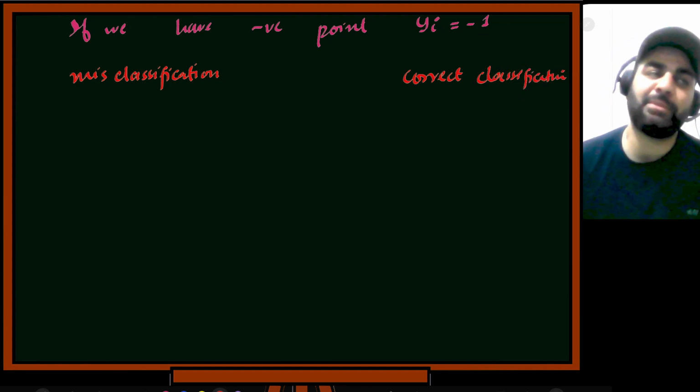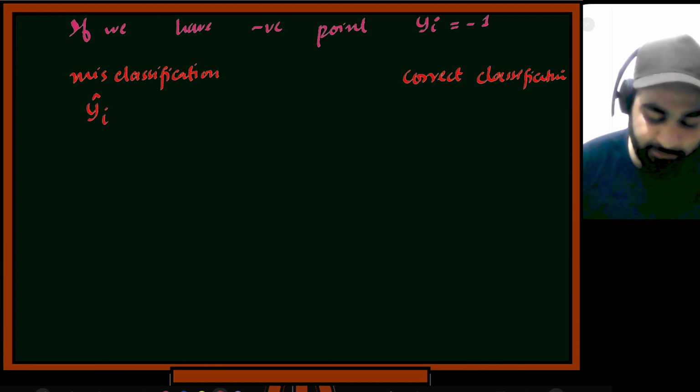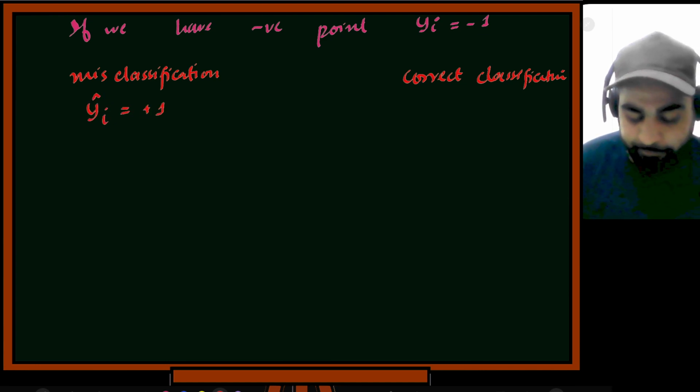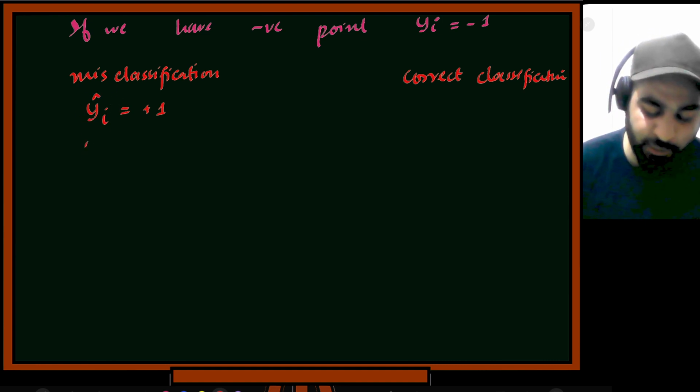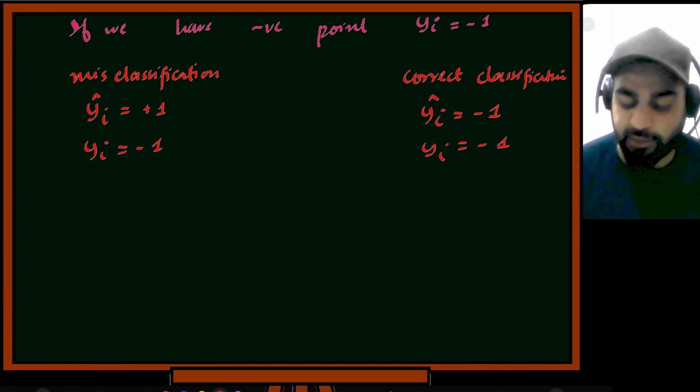So what's the meaning of misclassification? Misclassification means the prediction basically is +1. The actual label yi was -1. So here yi is equal to -1, and the prediction was +1. I hope that you understand this. This is my prediction and this is my actual label.